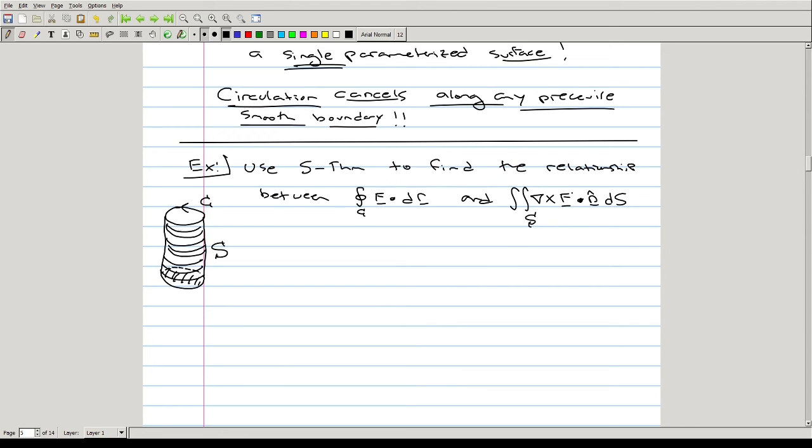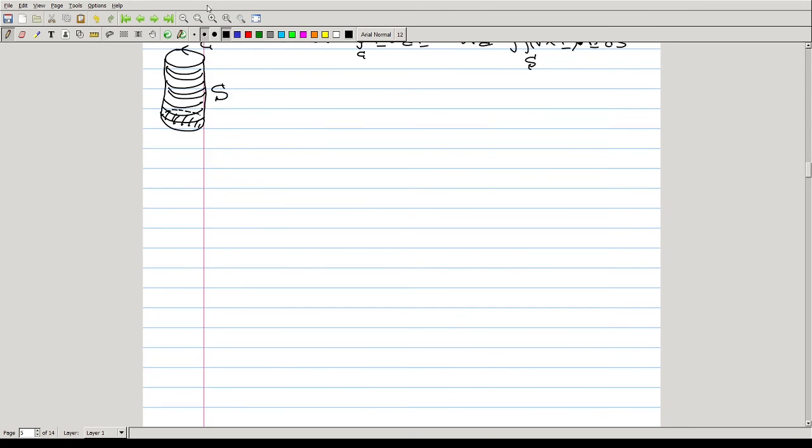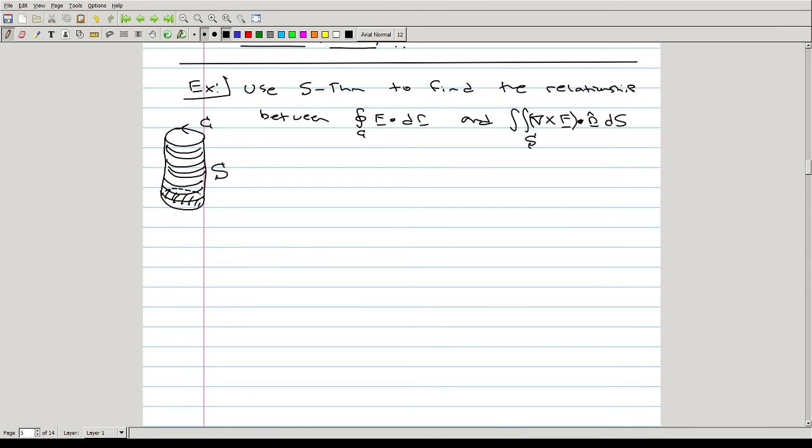And the idea here is the following, that this is a perfect example of a piecewise smooth surface, or a surface with a piecewise smooth makeup, because you have this side surface and you have the bottom surface.